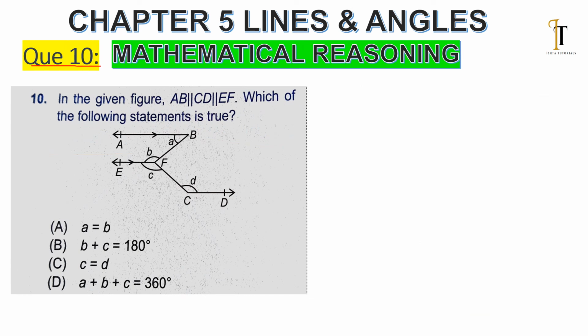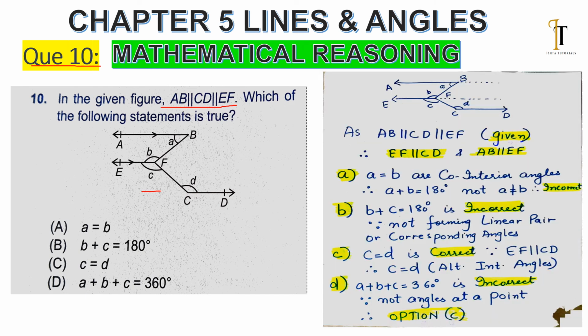Question number 10. In the given figure, if AB is parallel to CD parallel to EF, then which of the following statements is true? Here the figure and statements are given. We need to solve each statement one by one and find which one is correct. We have extended AB and EF.